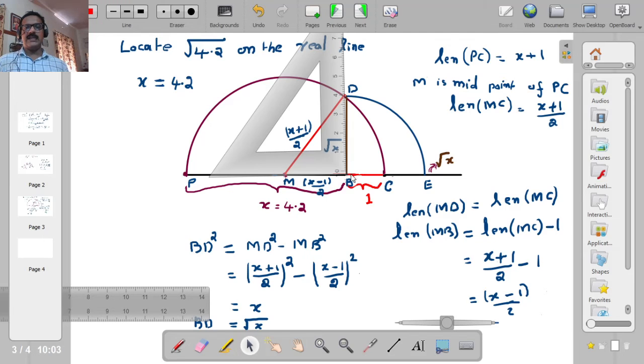We have drawn a line segment perpendicular to the line segment PC at the point B.